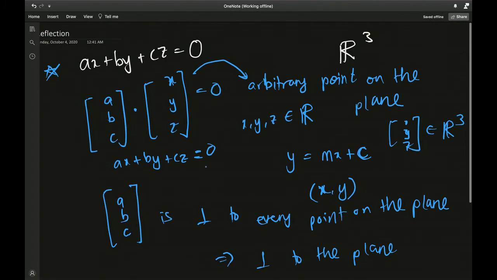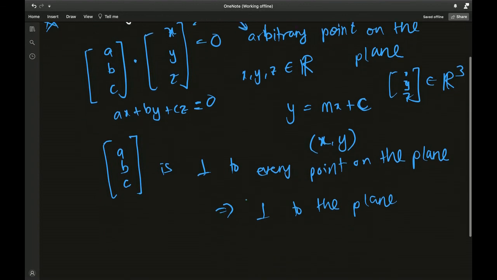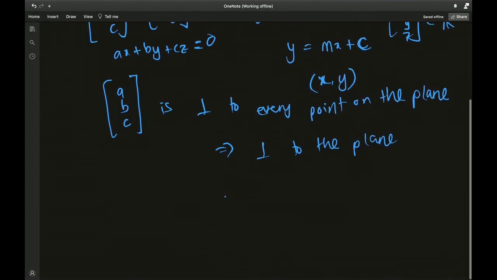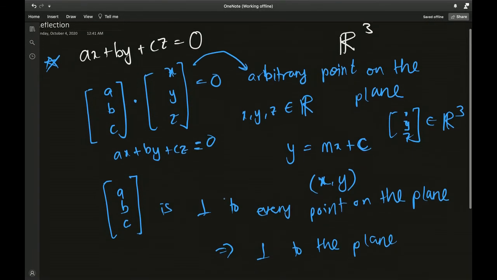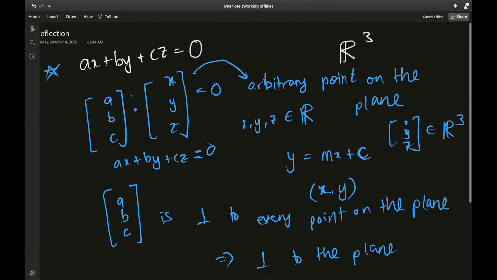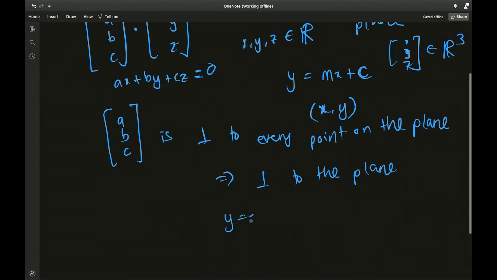Now we need to find two other points which are allegedly on the plane, and well, we'll have good reasoning why they have to be on the plane. So take y equals 0.